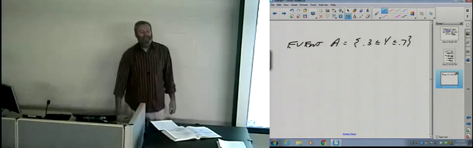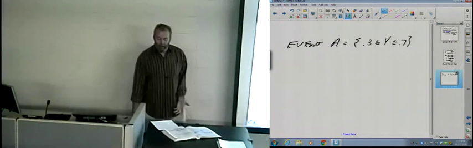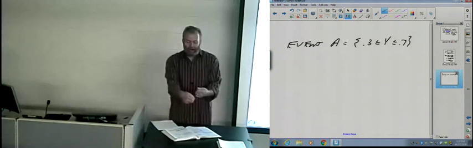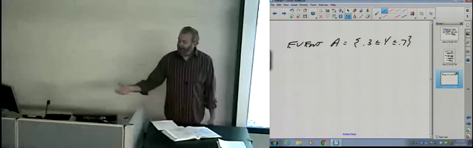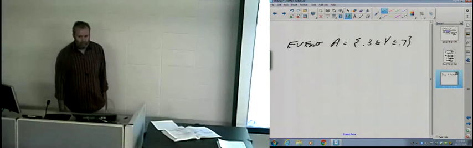What I'm asking you is, your event A is that you generated a random number between 0.3 and 0.7 when it generated a single random number. That is an event in this case where you're looking at a continuous probability model.